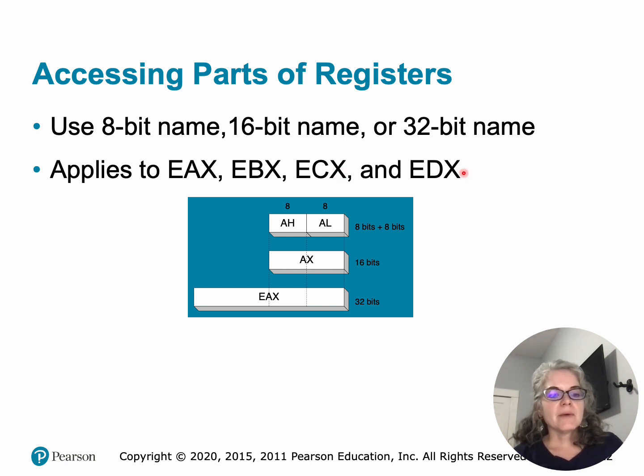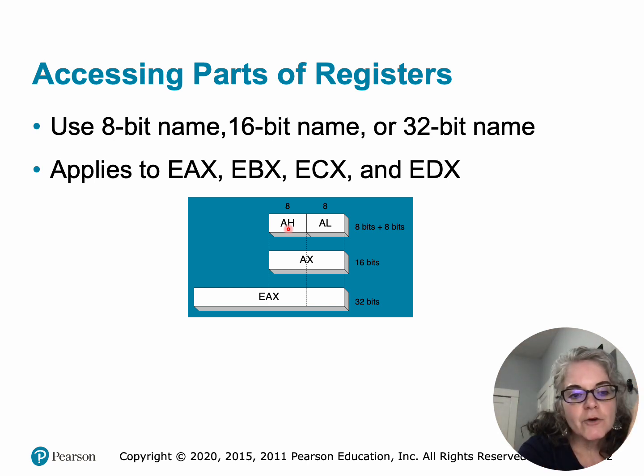And then I can break it down even further, this 16-bit into 2 8-bits. So with AX, I want to write to the first 8 bits and to the last 8 bits.